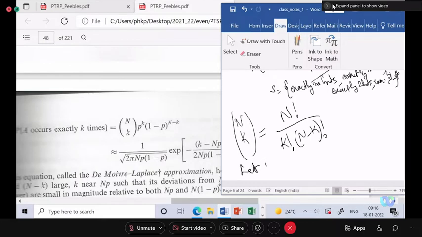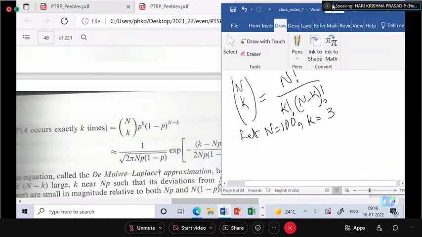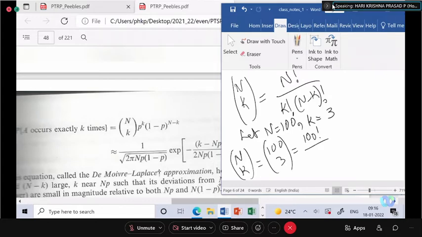Let n equal to 100 times the experiment is performed. My desired event should happen exactly 3 times, whatever the order. Then in this situation, nCk becomes 100C3. It is 100 factorial by, it is a simple case, 100 into 99 into 98 by 6. Okay.